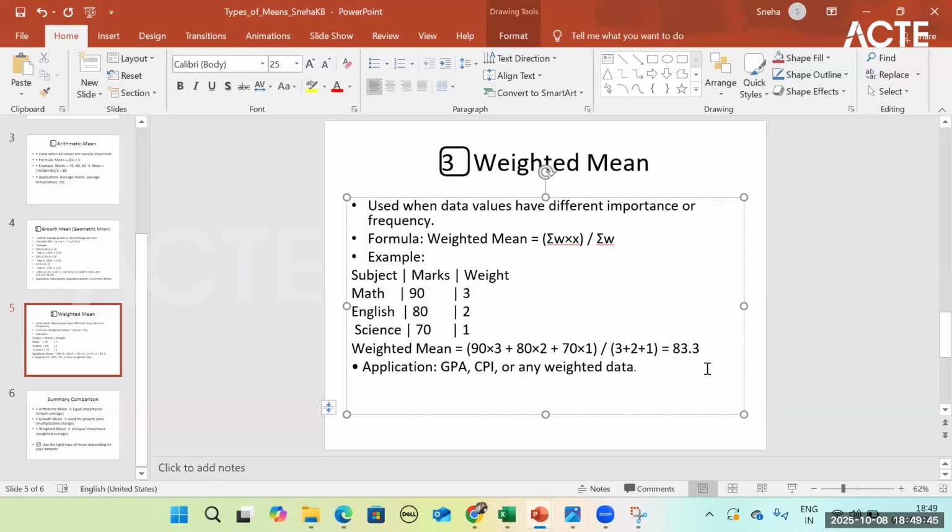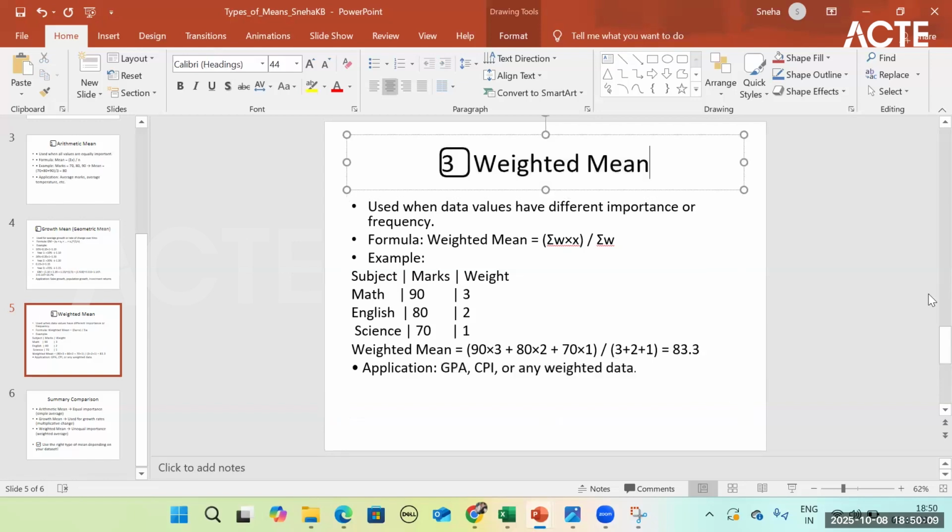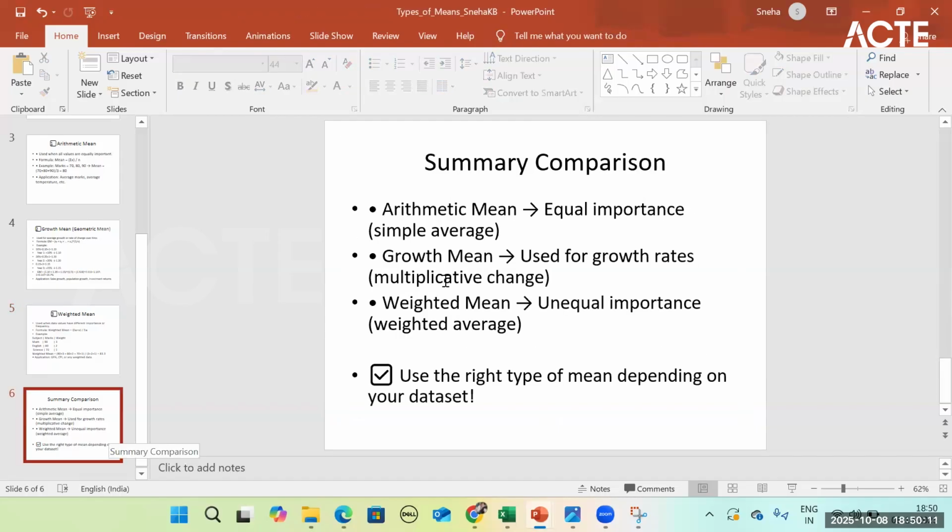That will give me the mean of this value. This is called weighted mean, usually applied in calculating weighted data. For example, if I take your marks, CGPA or GPA, at that time you have to use weighted mean. These are the three different types of mean which we can see in statistics.